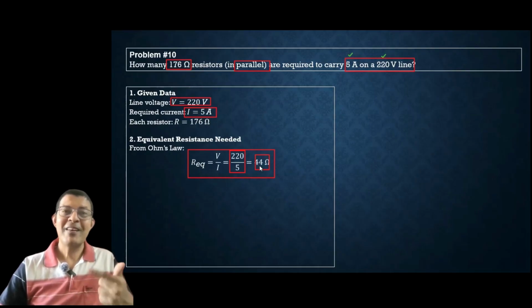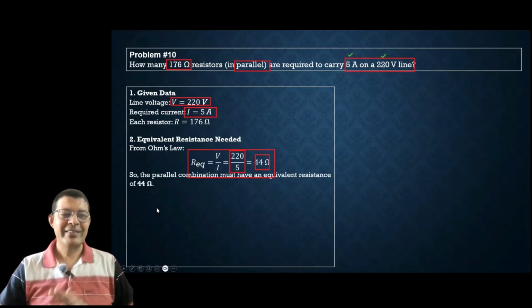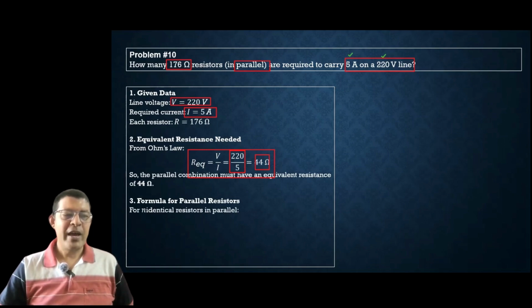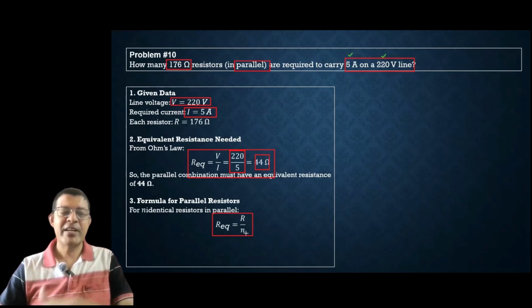So now we'll use the parallel combination formula. What is the parallel combination formula? Reciprocal. So we need to identify how many, right? So we can assume N is the count of the resistors. If we assume N is the count of identical resistors in parallel, then R equivalent is equal to R by N, sorry, by mistake I said 9.